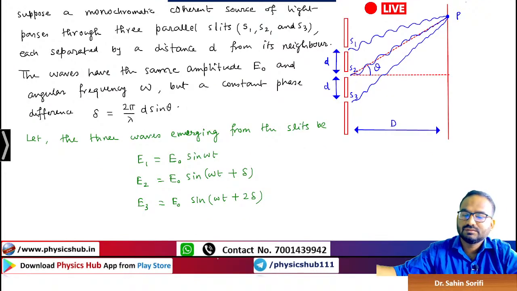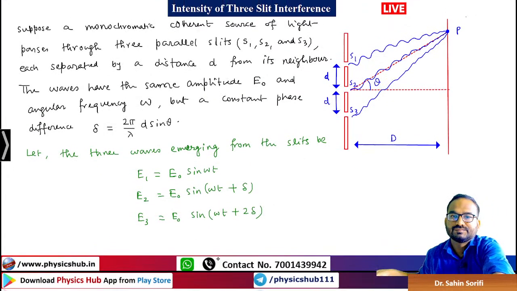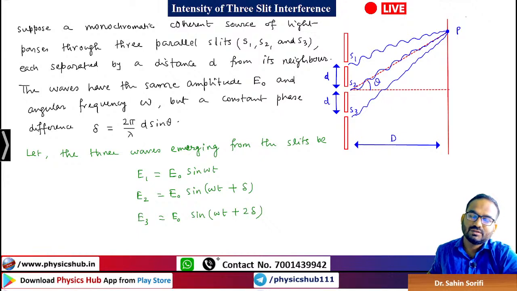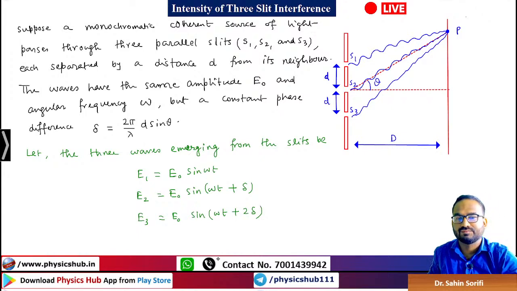Now if you want to calculate the intensity produced due to the interference, what do we have to do? We have to utilize the principle of superposition of light waves.